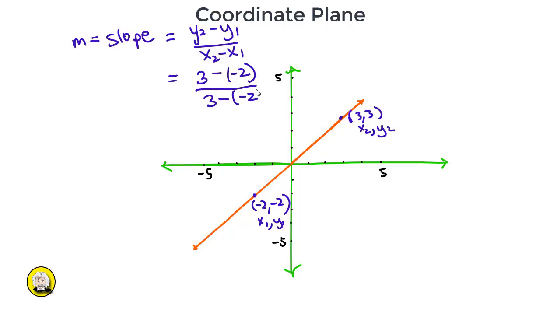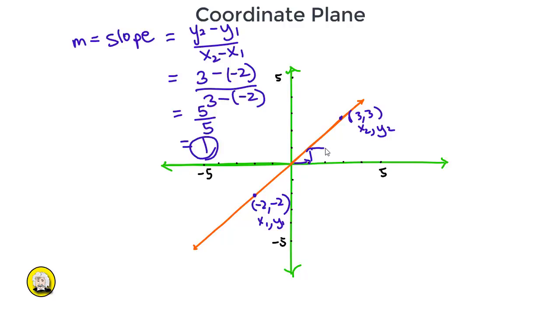And that would be divided by x2 minus x1, which again, x2 is 3, and x1 is negative 2. So my denominator is 3 minus negative 2 again. And that turns out to be 3 plus 2, or 5, on top and bottom. And the resulting slope is 5 divided by 5, or a slope of positive 1.